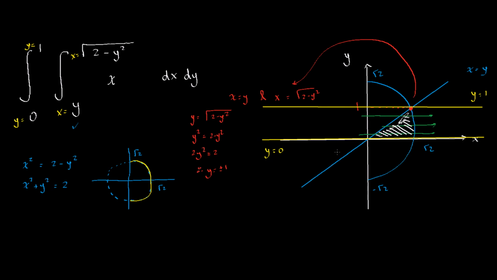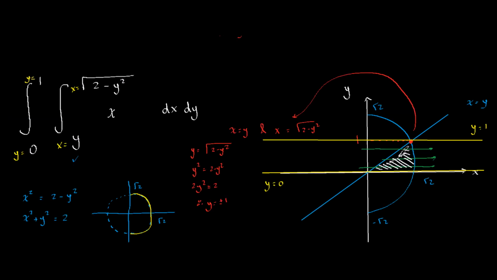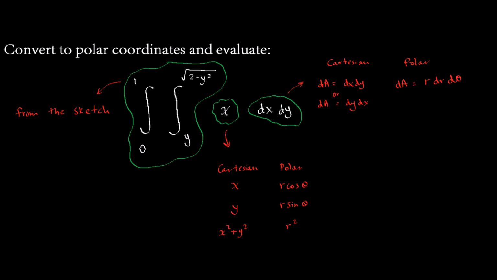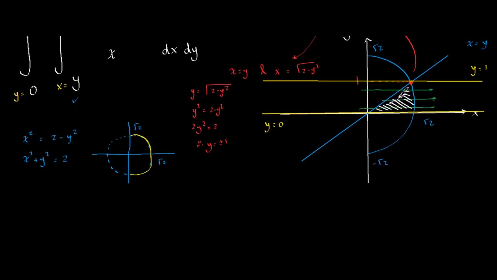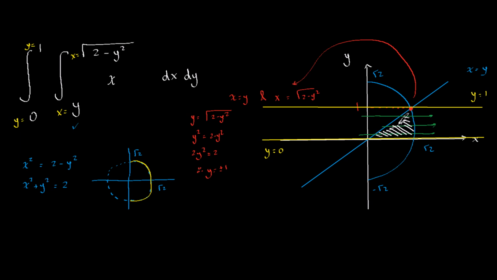Okay, so now we have our region of integration, and we've already figured out how to convert the differential area and the function. So now we can set up the double integral and integrate. Before we do this, let me resketch the region. So the y-axis, the x-axis, and the region looked like this.